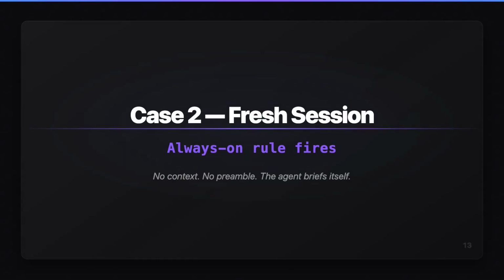Case 2. A fresh session. I open a new Antigravity chat with no prior context. The always-on rule fires. The agent reads the index, loads the overview, and tells me what this project is without me explaining anything.